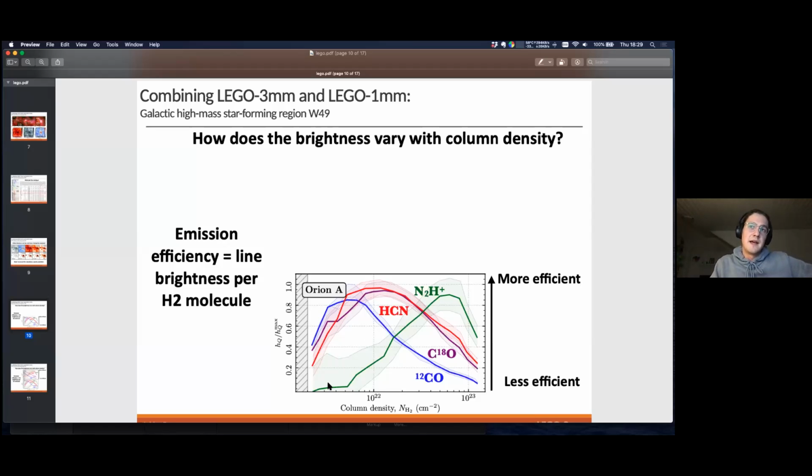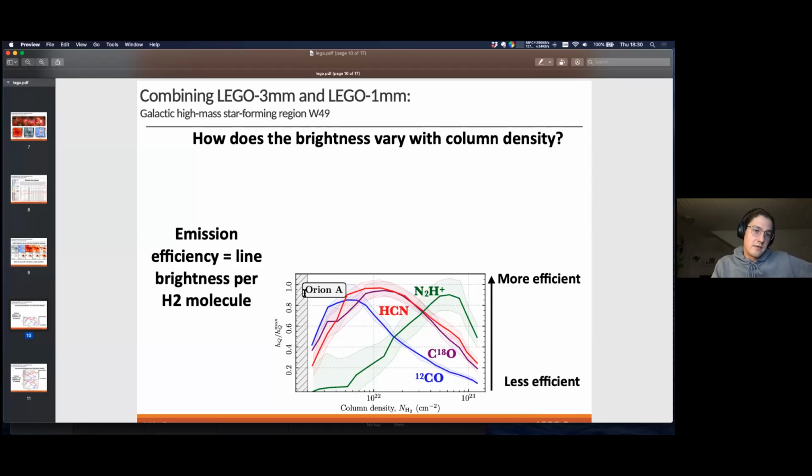This was studied and outlined by various papers from Jens Kauffmann and Jerome Pety, a few papers in 2017 and 2018, I believe. So a few years ago, and they outlined this as quite a useful tool to study these various molecular line emission regions.